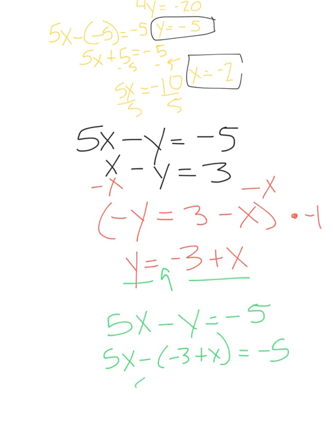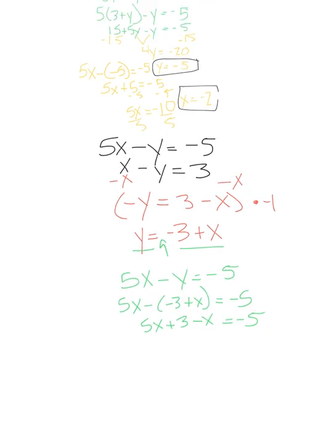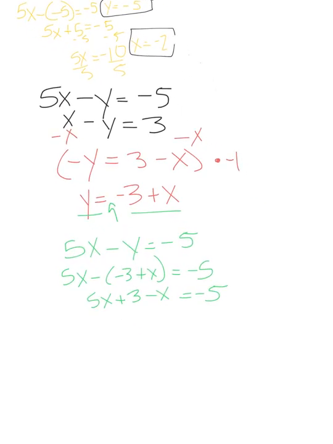So I get 5x plus 3 minus x equals negative 5. I combine like terms and isolate the variable. So x is equal to negative 2.